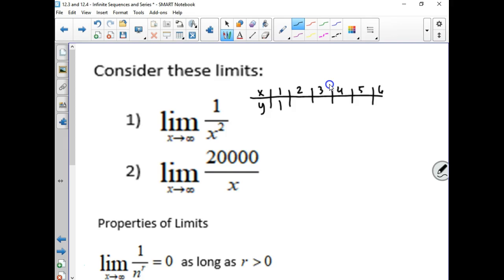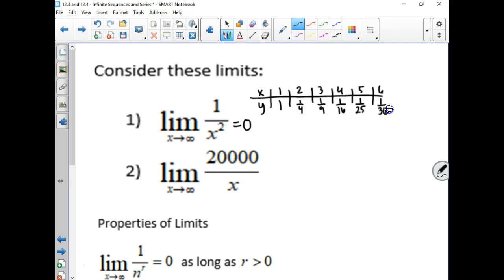And if I plugged in 2, what would I get? 1/4, 3, 1/9, 4, 1/16, 5 would be 1 over 25, 6 would be 1 over 36. So as x approaches infinity, as x gets bigger and bigger, what happens to my value of 1 over x squared? It gets smaller and closer to what number? 0. So this also equals 0.